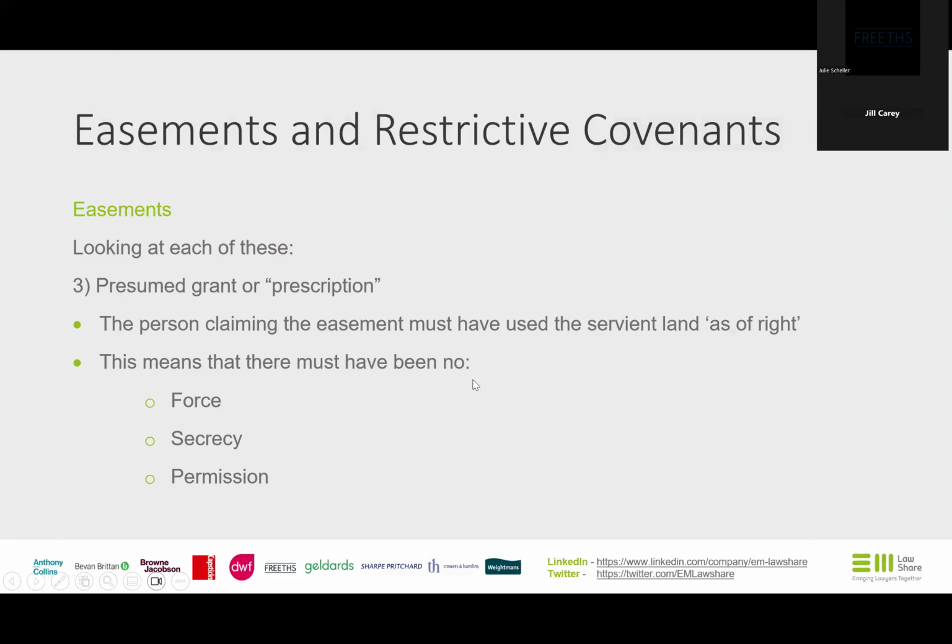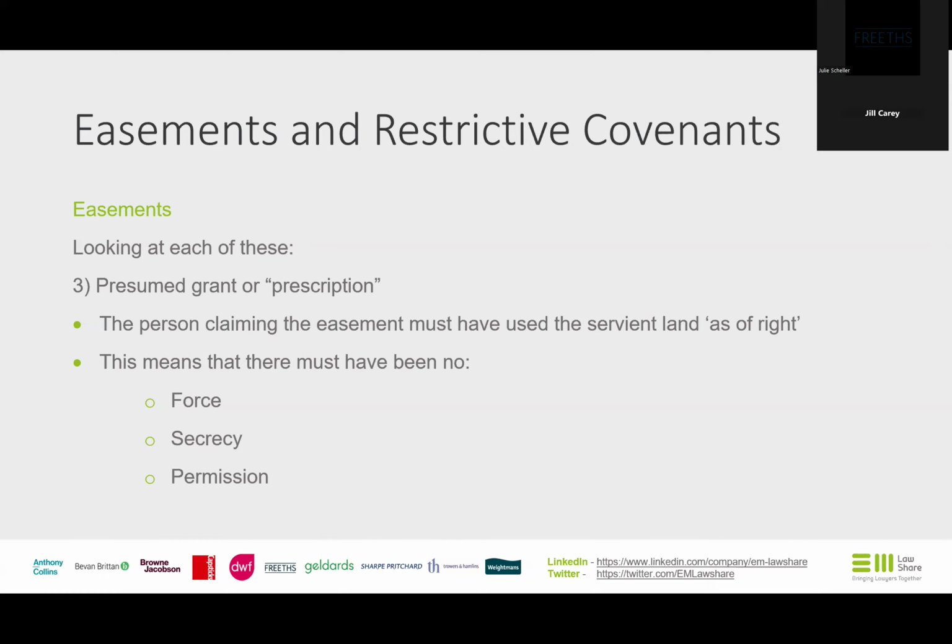So you won't be able to claim a presumed or a prescriptive right if you don't tick the following boxes. It's essential that you've used the servient land as of right, i.e., as if you were entitled to do it. So if you've used force, if you have used a Land Rover to drive over a gate, that won't do it. If you have been using a right of way under the cloak of darkness, or with a Harry Potter invisibility cloak or something in the middle of the night, then it will be too secretive, and again, it won't work.